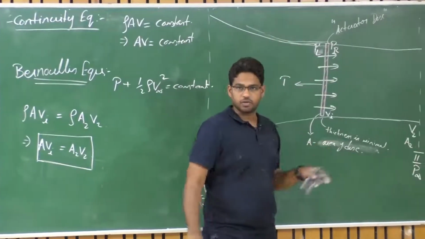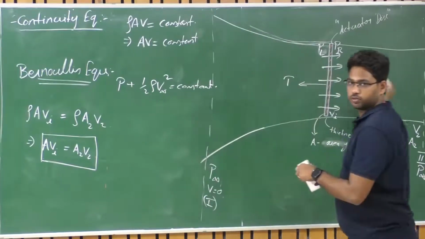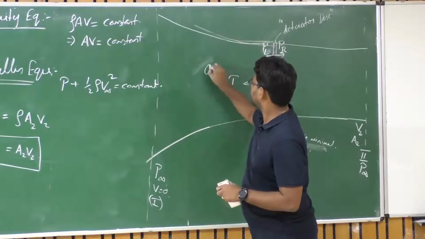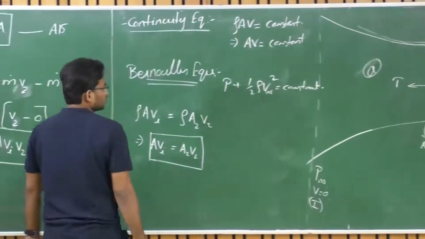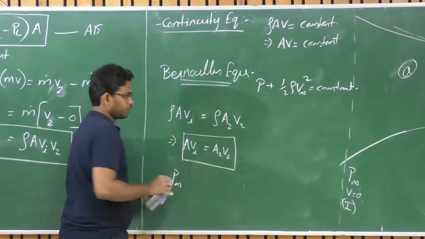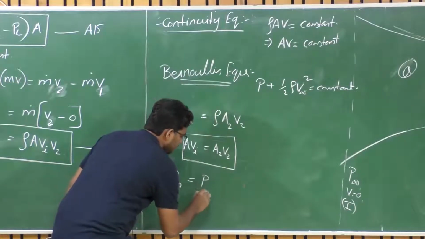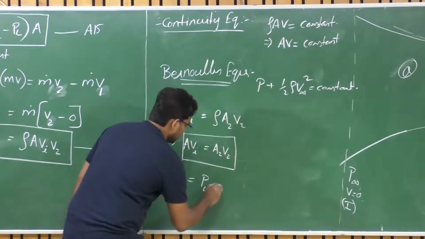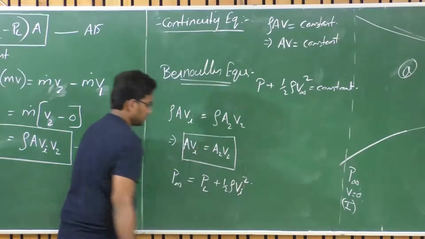Okay. Now let's apply Bernoulli's equation ahead of the disk and behind the disk, because here there is an addition of energy which we can't use, because of which we can't use this Bernoulli equation throughout, right? We can use it in section A and section B, right? So what we have here is P infinity, which is the static pressure, and the velocity here is 0, right, equals the pressure to the left side of this disk, PL, just immediate to the disk, plus the corresponding dynamic pressure due to the induced velocity Vi, right.